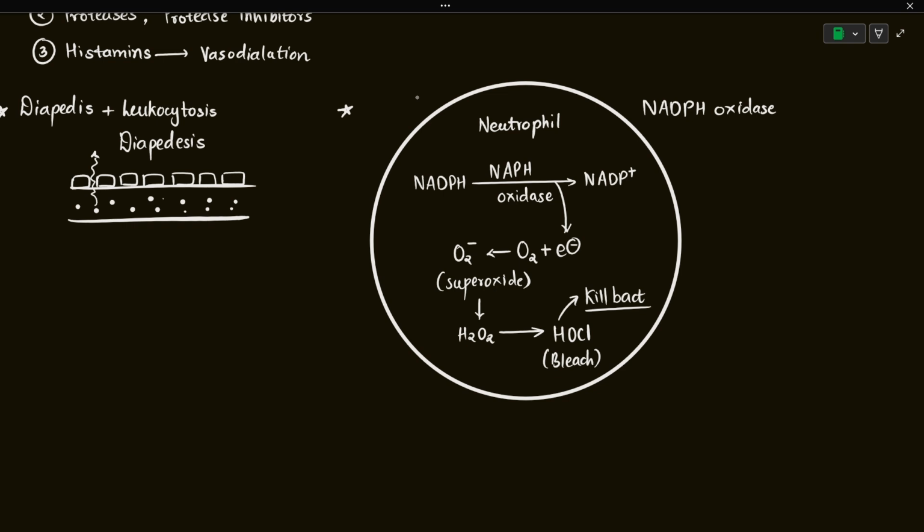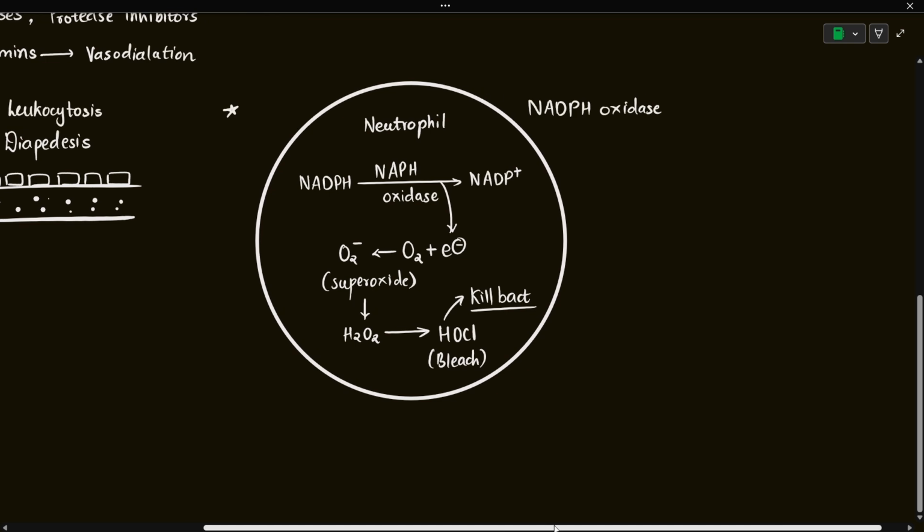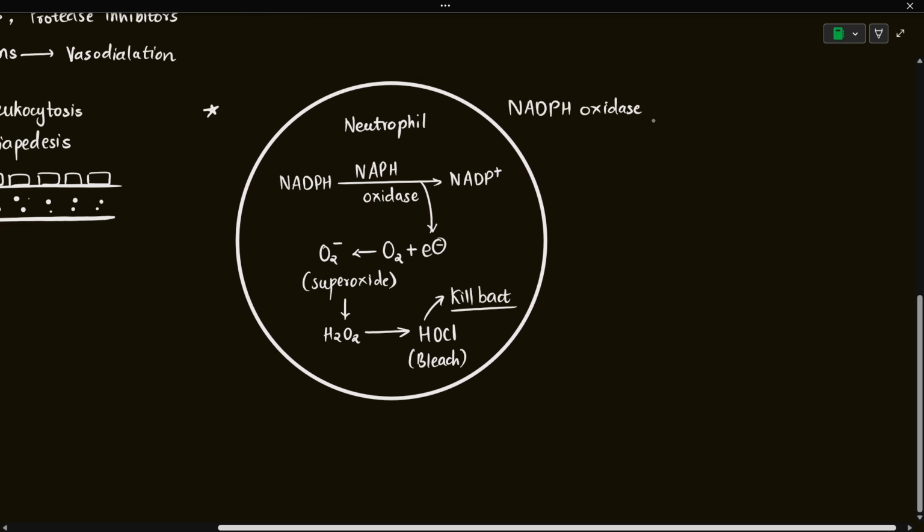They can do phagocytosis, meaning engulfment, but they are very aggressive because they also use reactive oxygen species. So one mechanism is to phagocytose, to engulf the pathogen. The other mechanism is to use NADPH oxidase to produce reactive oxygen species, and that reactive oxygen species is eventually going to kill the bacteria.